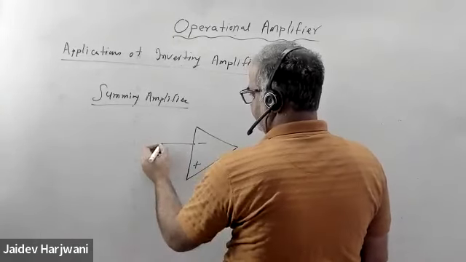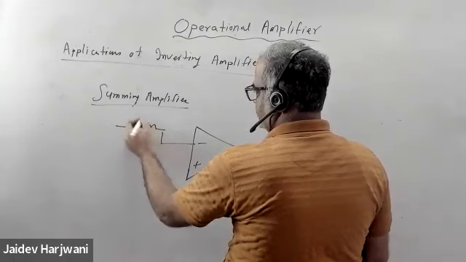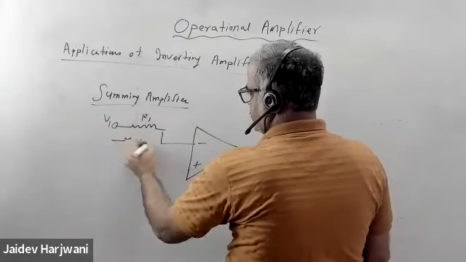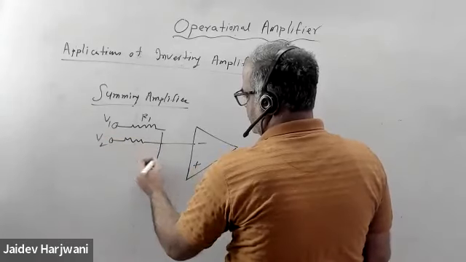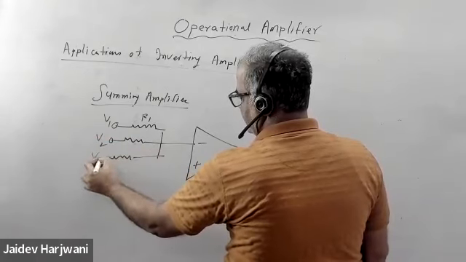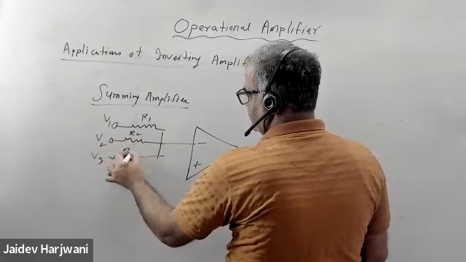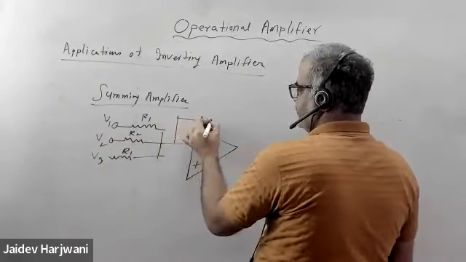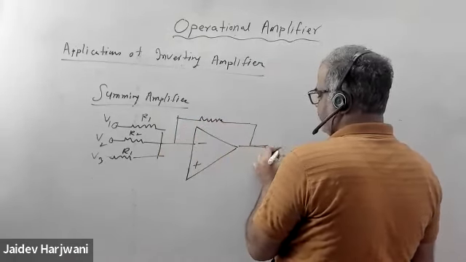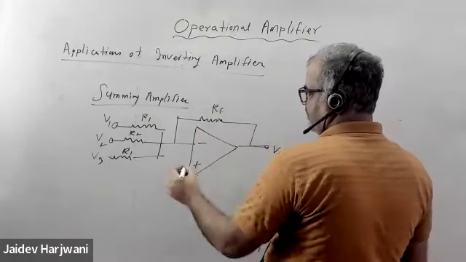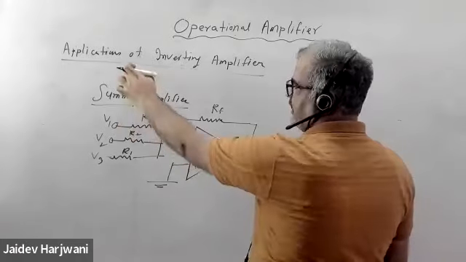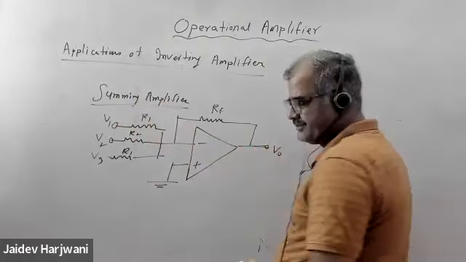Say this is R1, this is V1, this is V2, and say this is V3. This resistance is R2, this resistance is R1. This is my feedback, and here you are getting V0. This is your RF. And this is your ground. Because now I'm doing inverting, so I have to make this ground.